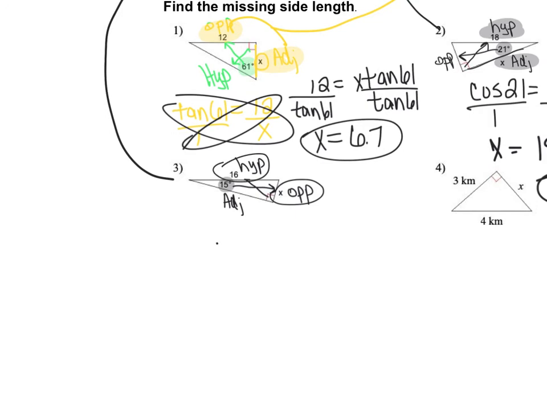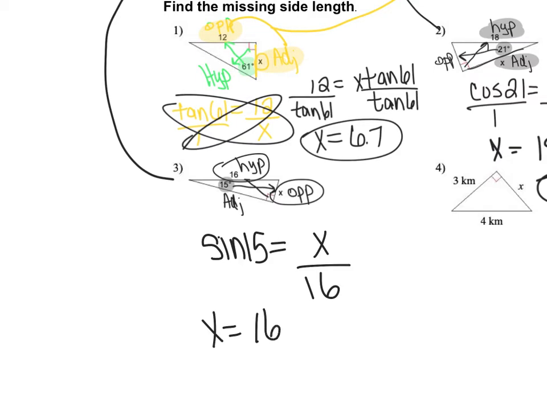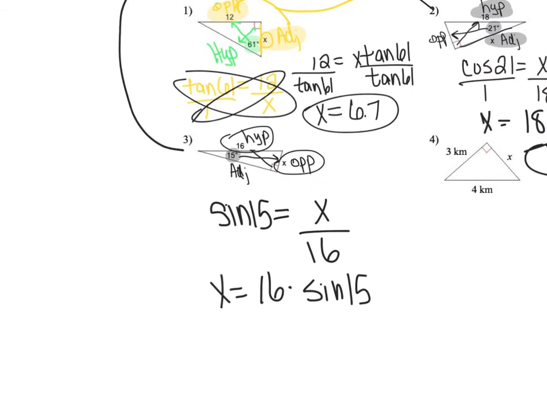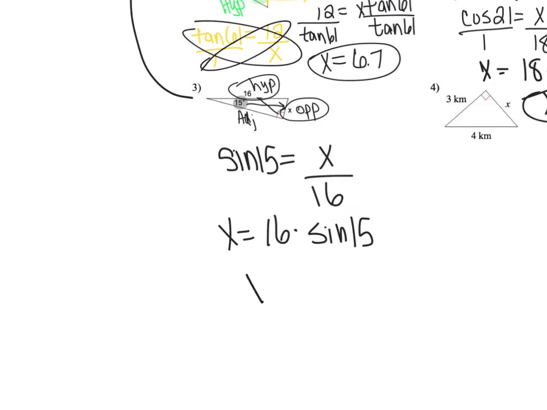So we're going to say the sine of my angle, which is 15 degrees, equals the opposite, which is x, over the hypotenuse, which is 16. So x is going to equal 16 times the sine of 15. If we put that into our calculator, we get approximately 4.1.